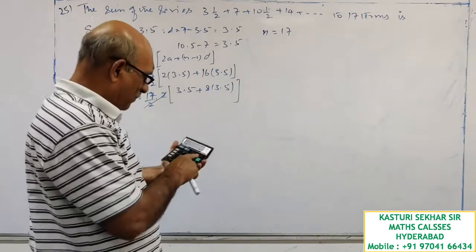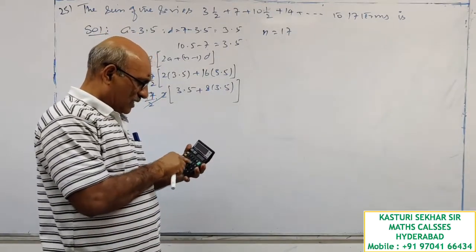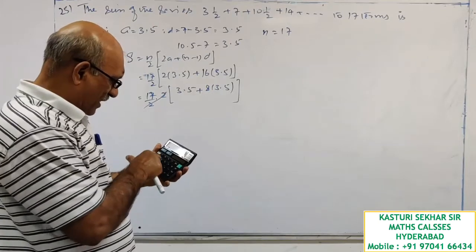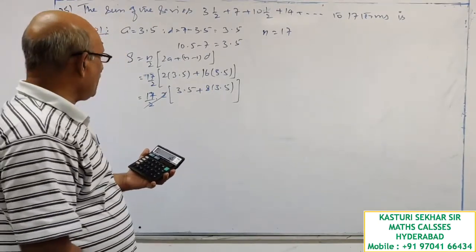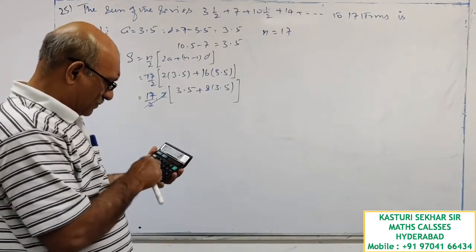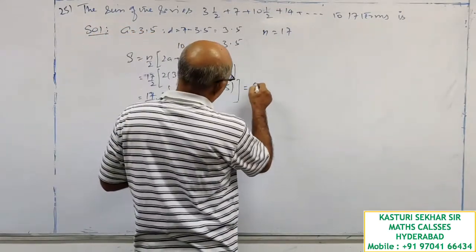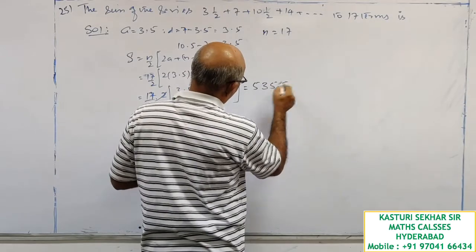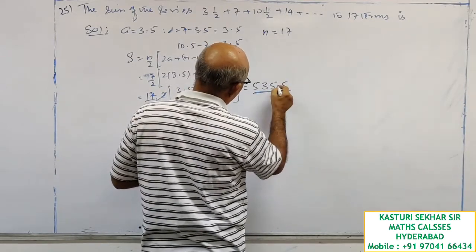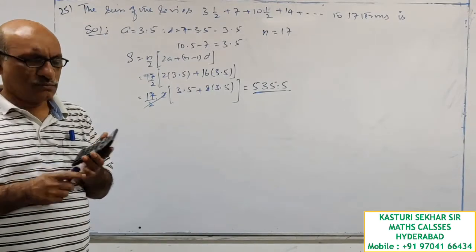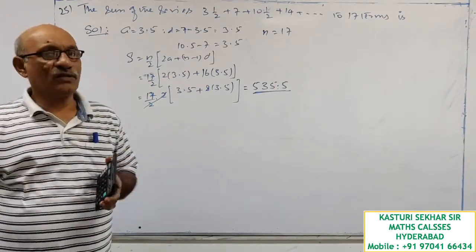So 3.5 into 8 is 28 plus 3.5, 31.5 into 17 is 535.5. This is the answer to the given question.